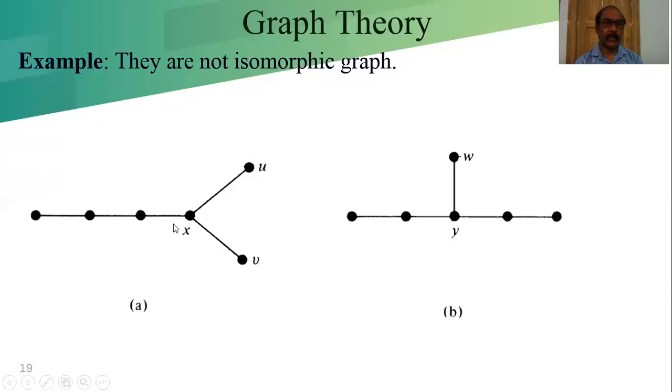So it is not satisfying the incidence property when we find the corresponding vertices. From that we can conclude these two graphs are not isomorphic.